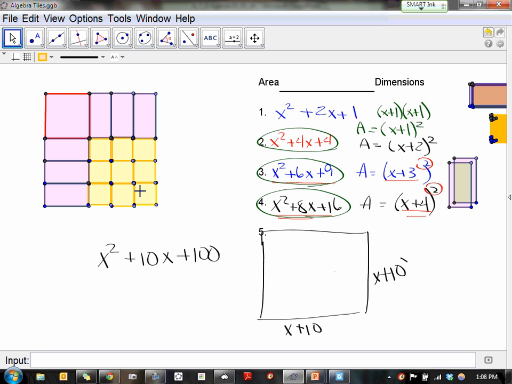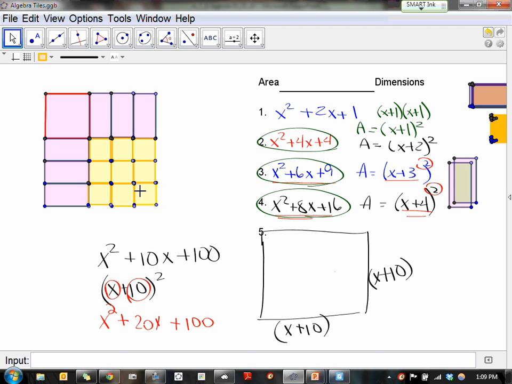Yeah. Okay, so that means if we took an x plus 10 and we squared it, it would give us this answer then. Yes. Okay, so you square the first, x squared. You square the last, 100. It would have to be 20x.